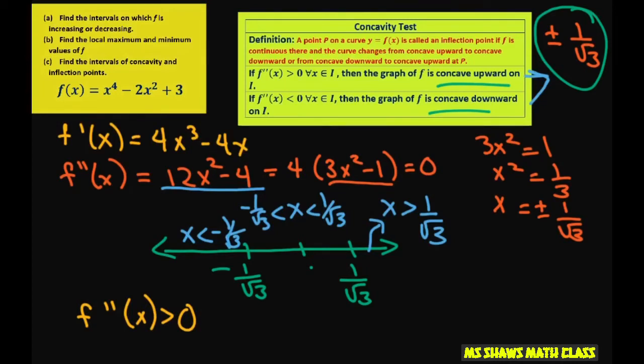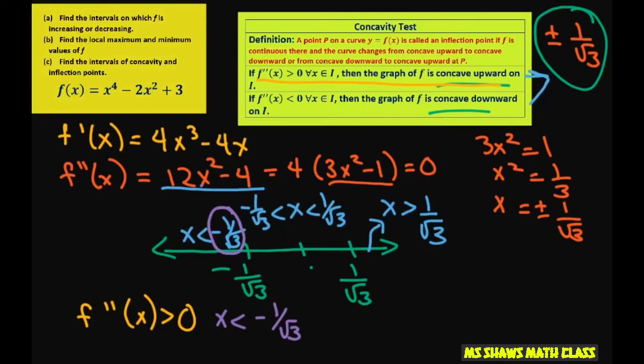We want to find when it's positive. That means it's concave upward. So if I plug in negative 1 divided by square root of 3, that's going to make this positive. So x has to be less than negative 1 divided by square root of 3.